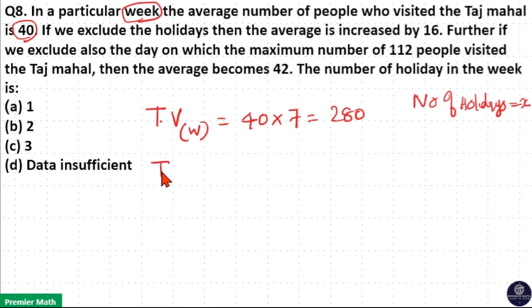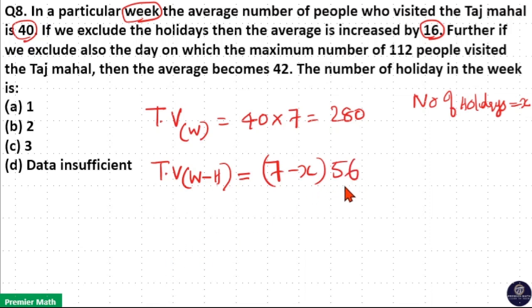Now, the total number of days excluding the holidays is 7 minus x. And average is 40 plus 16 because average is increased by 16. So, 56. That is average into total number of days.